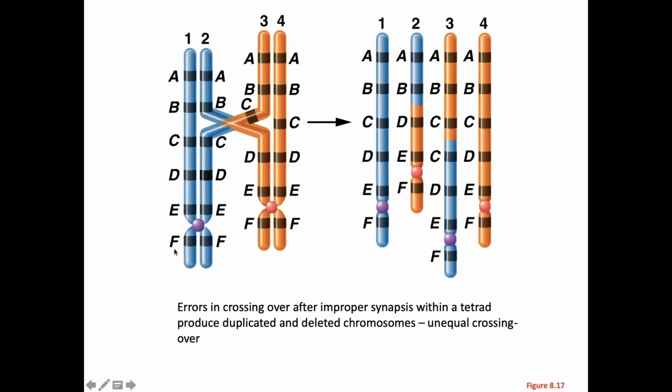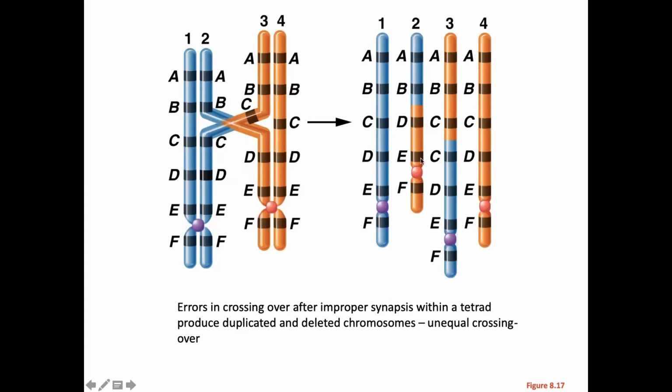If you have a misformed or misaligned tetrad, which then subsequently undergoes a recombination event, as is being shown here, you're going to produce, as the products of recombination, these two chromatids here, 2 and 3, both of them abnormal because of that misaligned tetrad. The end products are shown over here.